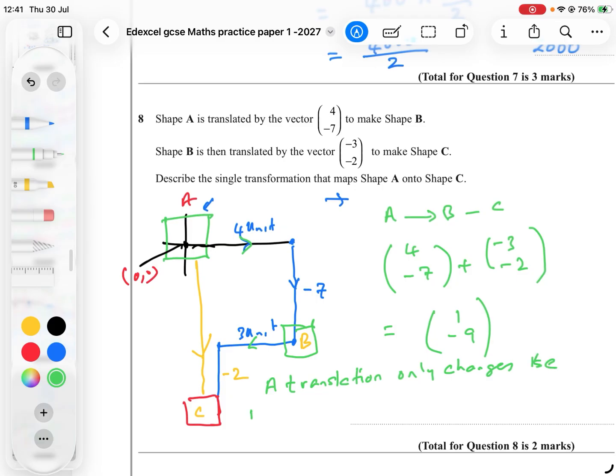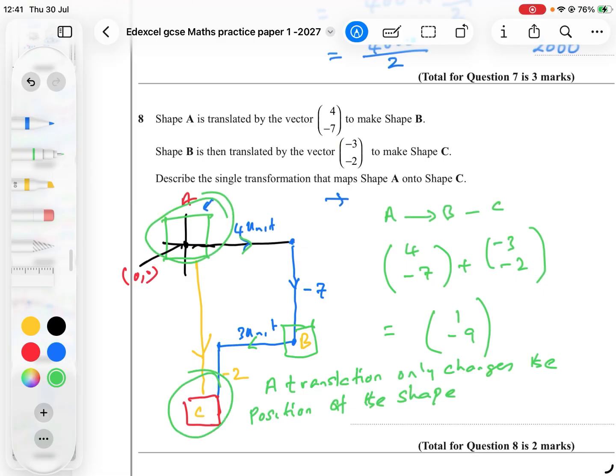The shape's size and orientation stay the same.